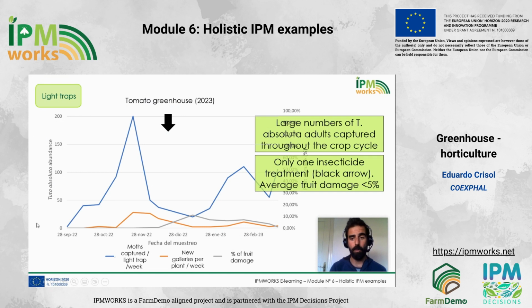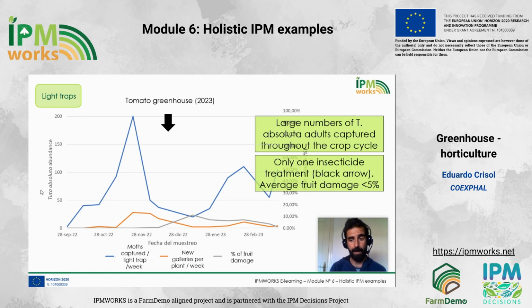Here you can see some data that we collected this year, and you can see, looking at the different colors, the number of moths captured per light trap per week in blue, and also the percentage of fruit damage. It is very important to highlight the large numbers of Tuta absoluta adults captured throughout the whole crop cycle.